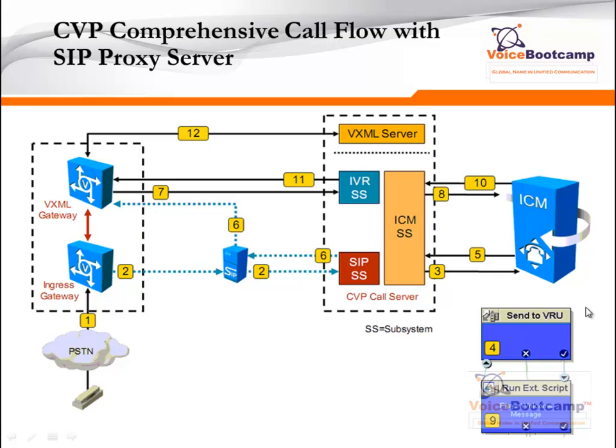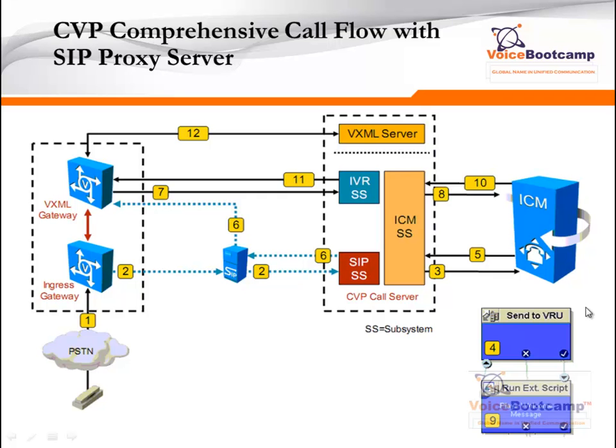Now, the label in this scenario could be an extension or a number to access certain devices. This label will then be returned to the SIP service, and the call will be sent to the voice XML gateway. The CVP SIP service will then send an INVITE message to the voice XML gateway using the SIP proxy server, which then translates the DN to the IP address of the voice XML gateway.